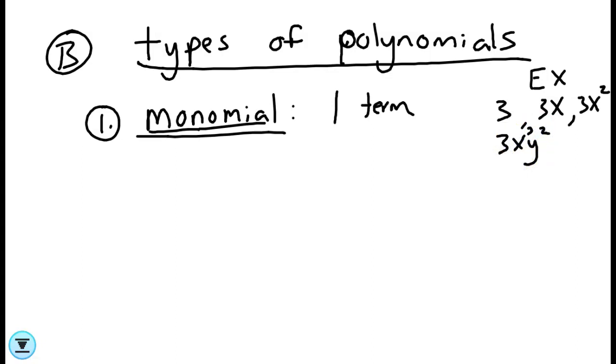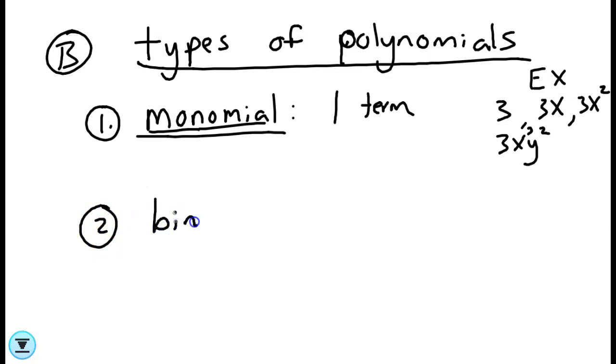Anytime you have one term, a term can consist of a number, a variable, and an exponent all put together there. All right? But as soon as you take two monomials and you add or subtract them together, you end up with what's called a binomial or something else.